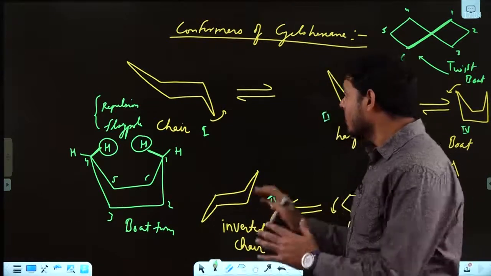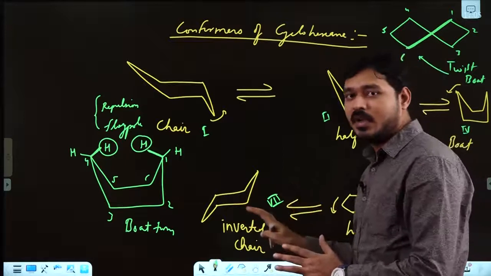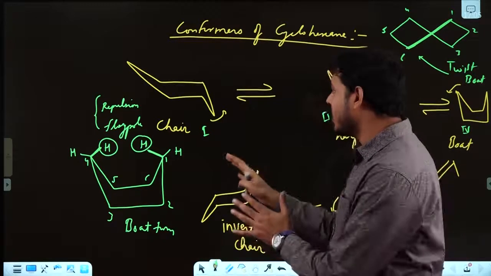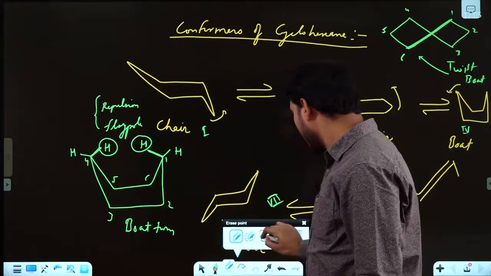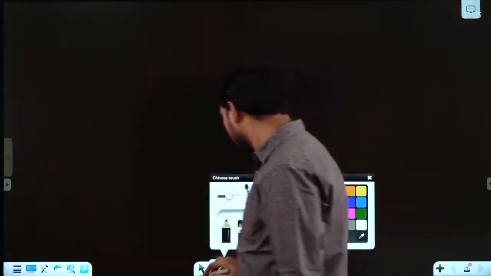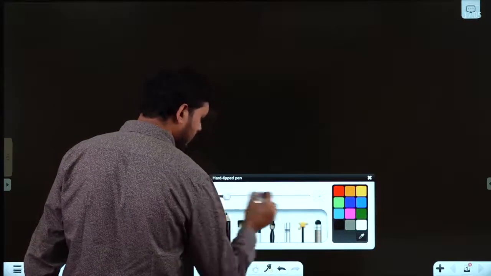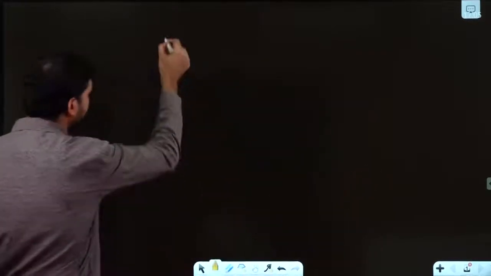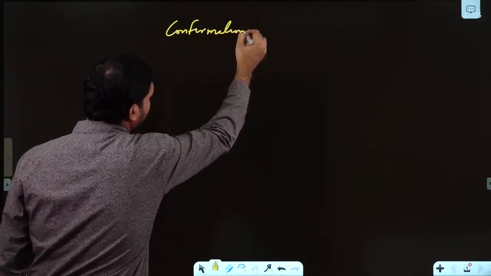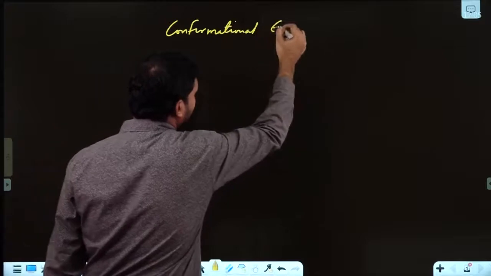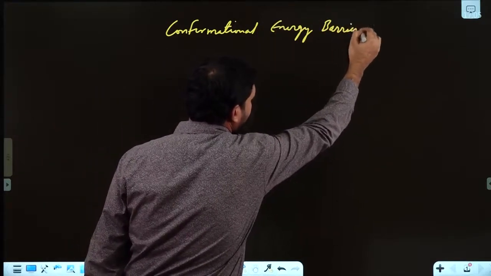Okay, so if you have drawn this part, so let's see the energy profile diagram and potential energy barrier for conversion from one part to another part. Okay. Conformational energy barrier.